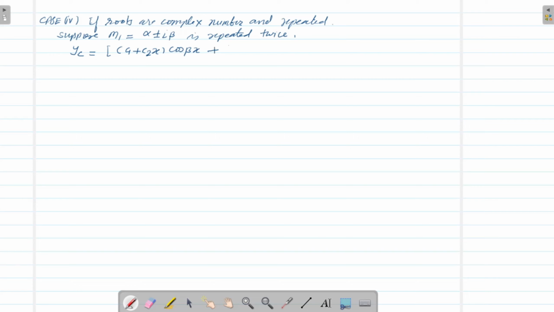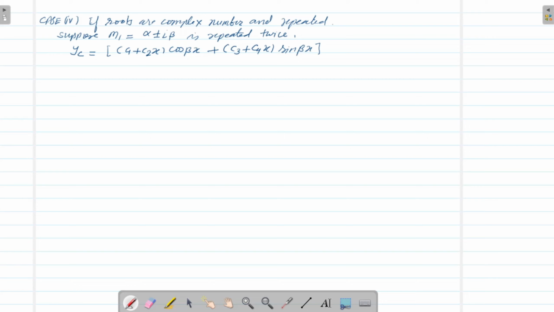x, and plus we write c3 plus c4x sin beta x. This is for the real part, this is for positive roots. So yc equal to c1 plus c2x into cos beta x plus c3 plus c4x into sin beta x.